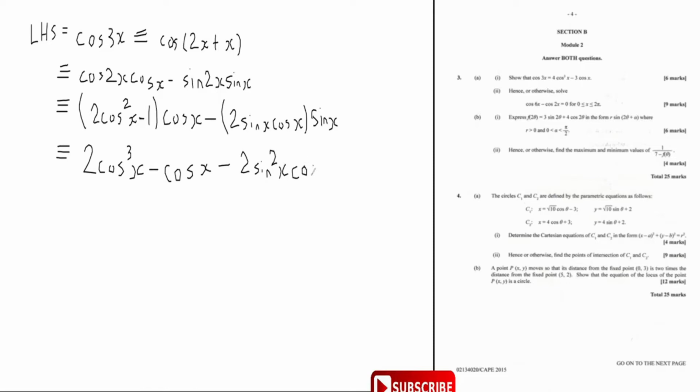Now here's where the trouble comes in, because we have everything in terms of cos, but then we have this sine square right here. But sine square is 1 minus cos square. So let's go ahead and write that.